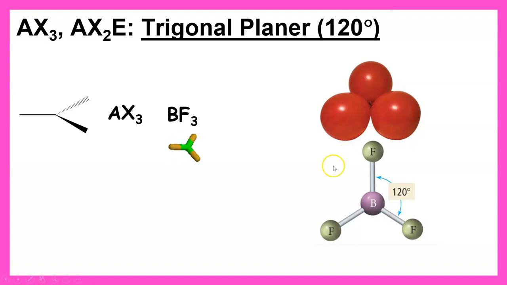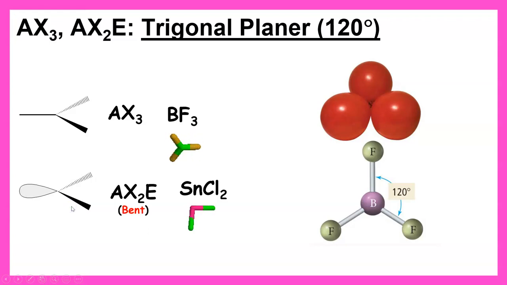Now, if one of these atoms was a lone pair instead, it wouldn't be AX3, it'd be AX2E, because one would be a lone pair. So the electron geometry is trigonal planar. This still looks trigonal planar, but if I were to just look at the atoms themselves, it looks bent.